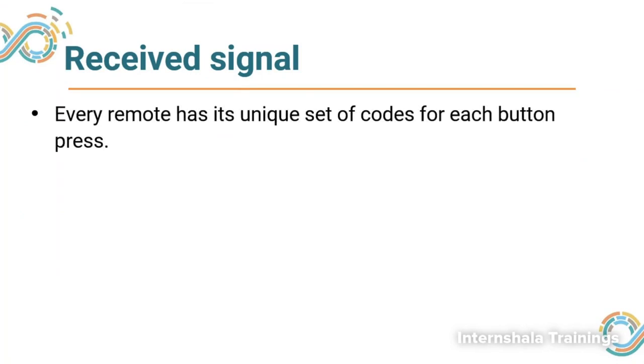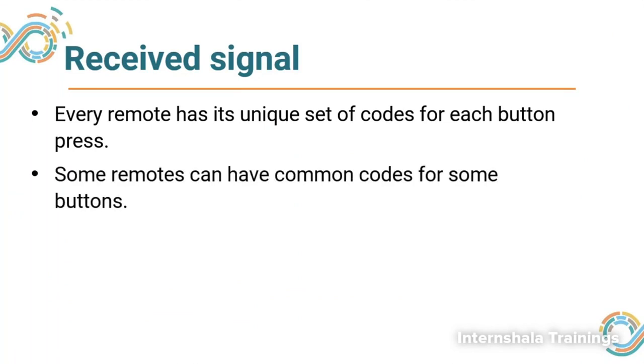So how do we handle or read the received signals? Every remote can have a unique set of codes for every button, while it is also possible that some remotes have common codes for some buttons. You would have seen that the AC remote of one model can sometimes work with another AC as well.